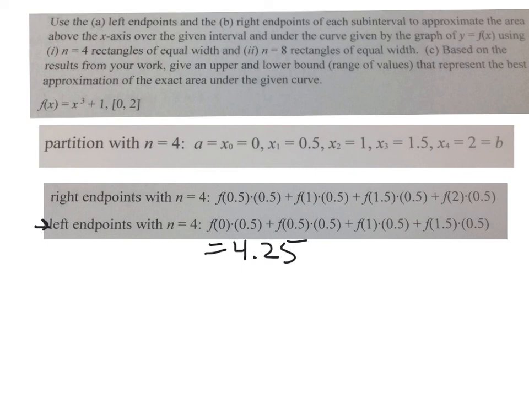And then the right endpoints should be 8.25. Okay, so a little correction there from our previous discussion. And what we find is that the exact area will be between these two values.